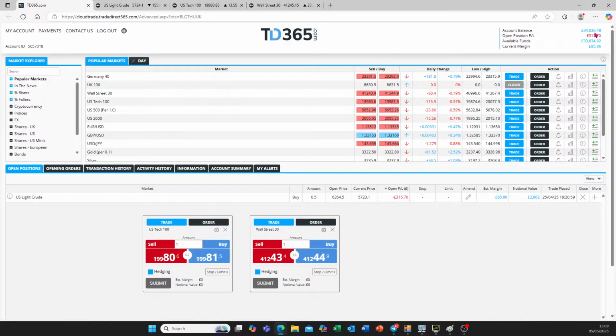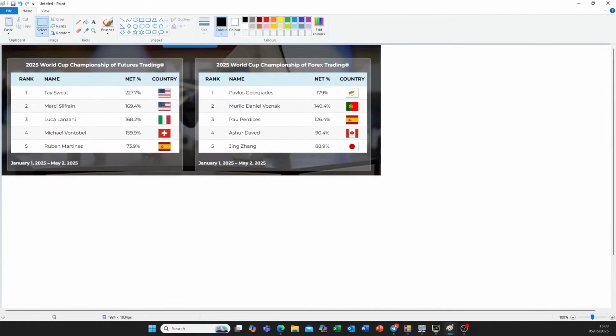I've withdrawn 20,200, so we must be approaching the 55,000. I don't know what that is in percentage from 10,000, but I imagine it's what, 450%. I'm a little bit ahead of these people here, but then again, I'm also trading with higher leverage. Whether that's a good thing or not, I don't know.